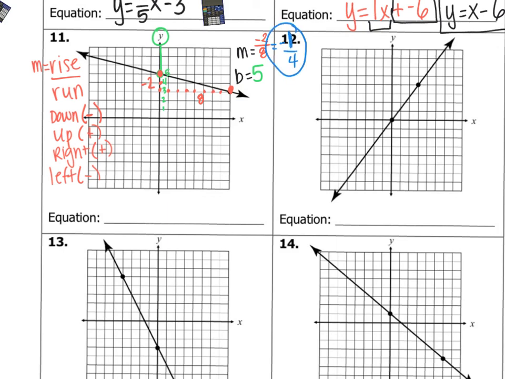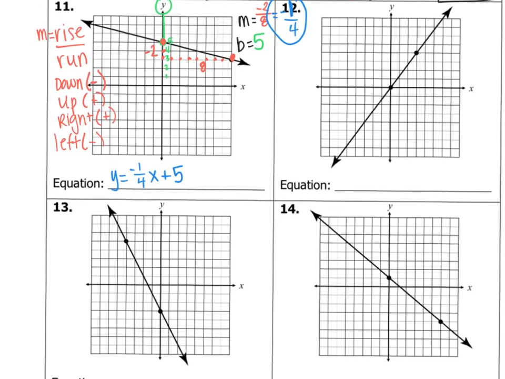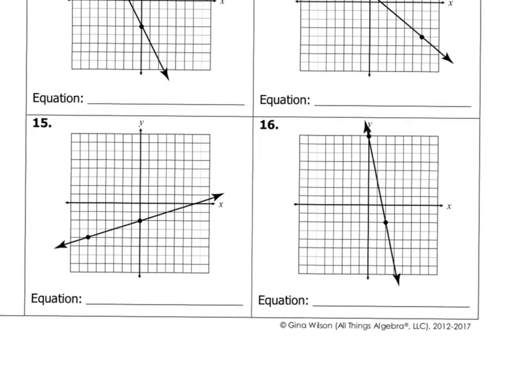So let's go ahead and write our equation. Y equals m, which is -1/4, x plus our b, which is 5. So you're going to go ahead and do 12, 13, 14, 15, and 16.